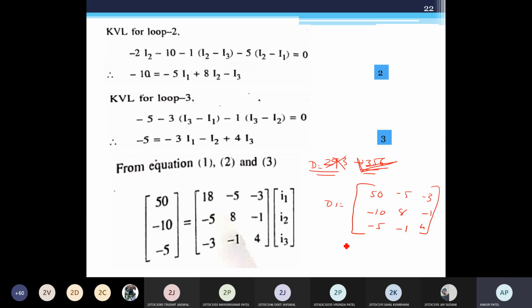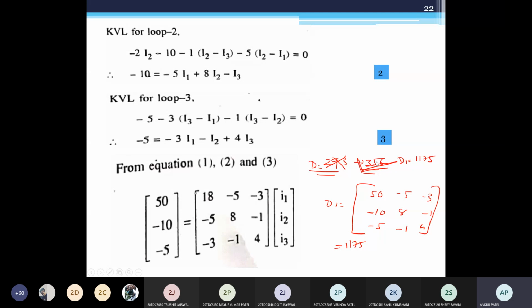Tell me the D1 determinant. 1175. Okay, so D1 is 1175. I am writing here D1 equal to 1175.